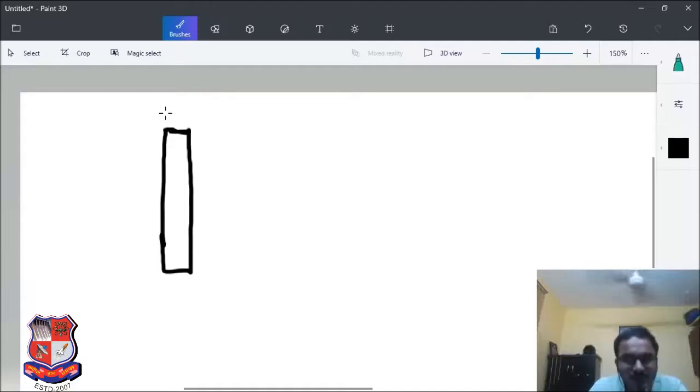And the meaning of hinge is that we have fixed this plate from the top. So this plate is fixed at the hinge and it can rotate.